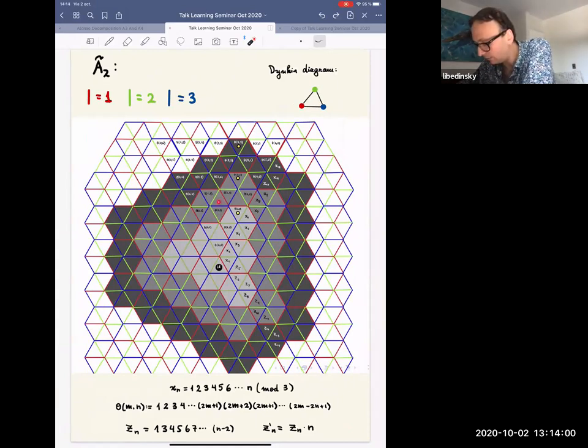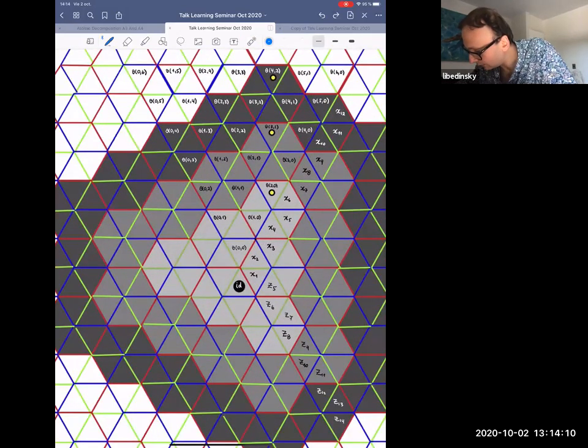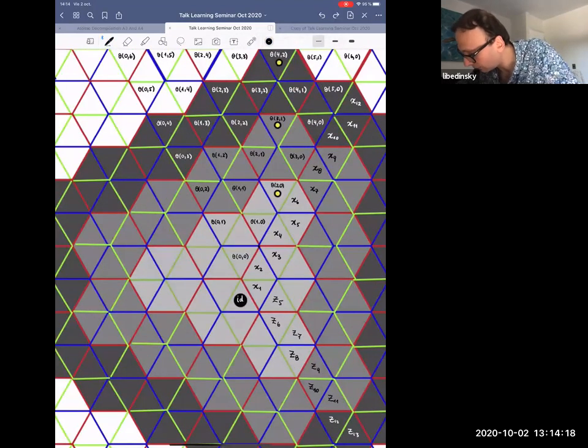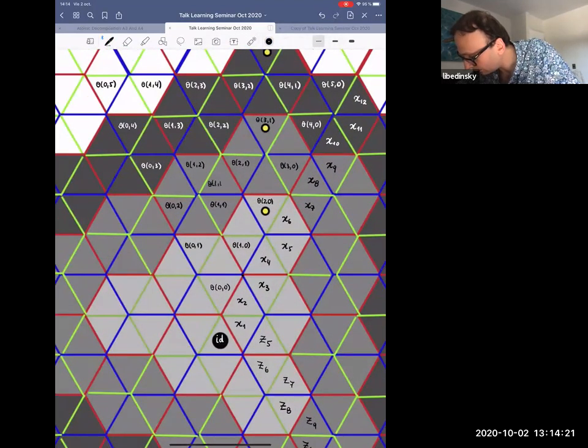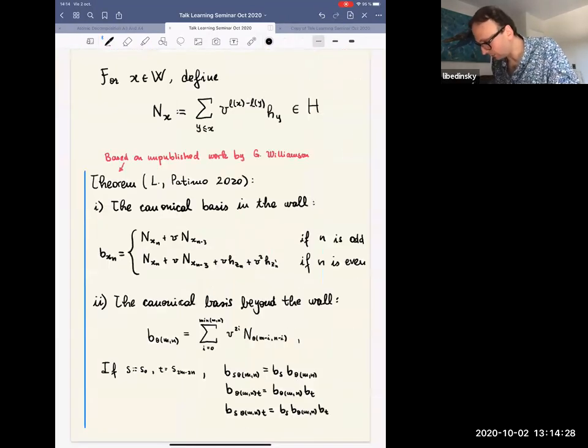This would be, maybe I should switch, theta 1,1 T. And so with this, you obtain this formula for that element.